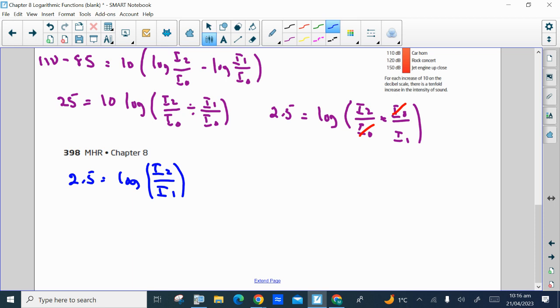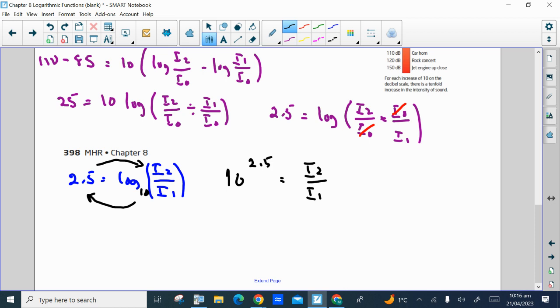And we can determine that by remembering this is a common log, no base indicated, means base 10, and we can change from logarithmic to exponential by starting with the base and cycling through. You'll get 10 to the power 2.5 equals I sub 2 over I sub 1.